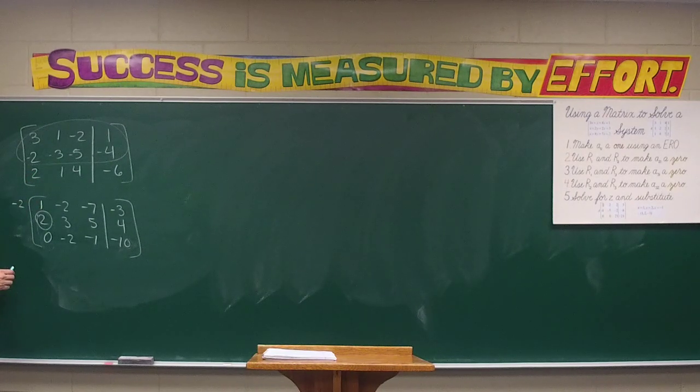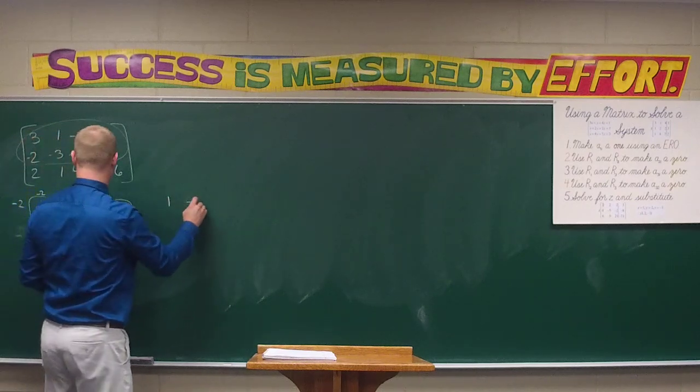So temporarily, again, you notice I keep using that word. Temporarily, we're going to change this top row and multiply negative 2 all the way through. Audrey, what do I get for my new temporary top row? 2, 4, 14, 6. All right, and we're going to go ahead and add these two, and the sum is going to become my new middle row.